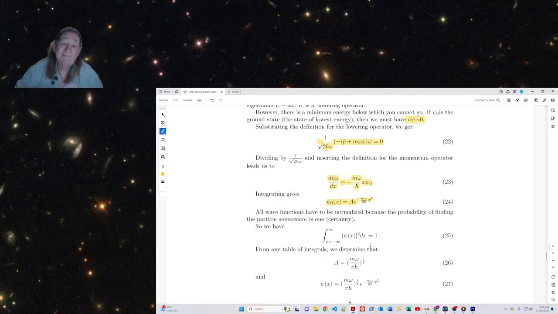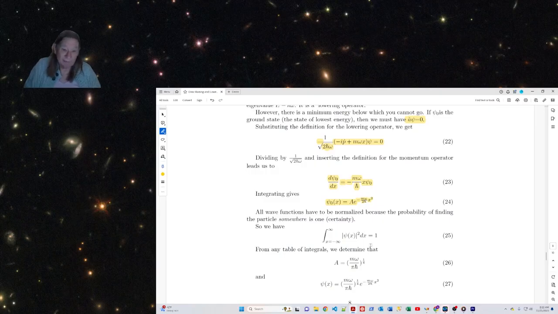Well, we have to determine A. It's an unknown constant. The rule is that the absolute value, the modulus of the wave function squared, gives you the probability per unit distance of finding the particle in that location.